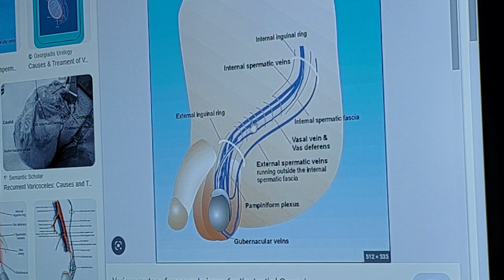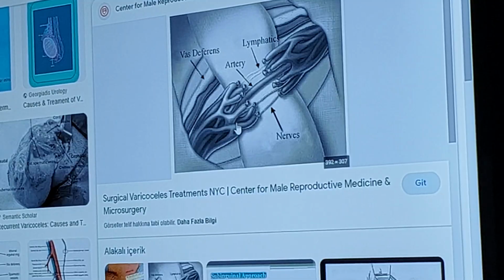Then there is the external spermatic vein, or it may be 2 or 3 in number, so the external spermatic vein group, and another vein group is the gubernacular vein group.